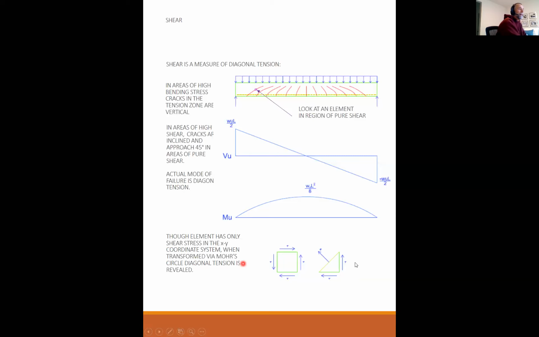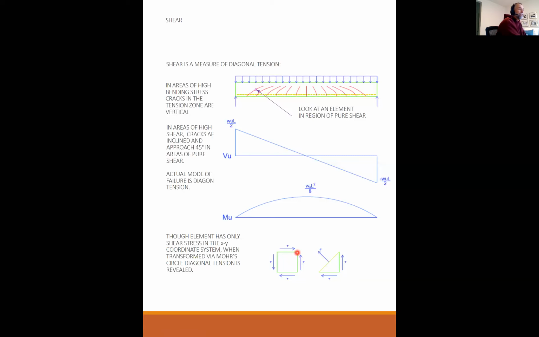So if on the XY coordinate system, I have no normal forces, I have only shear stresses, then I can take the XY coordinate system and rotate it to an X prime, Y prime coordinate system. And lo and behold, there is a normal stress hidden in that rotation.